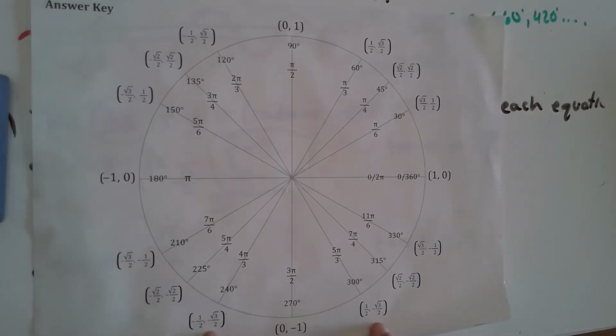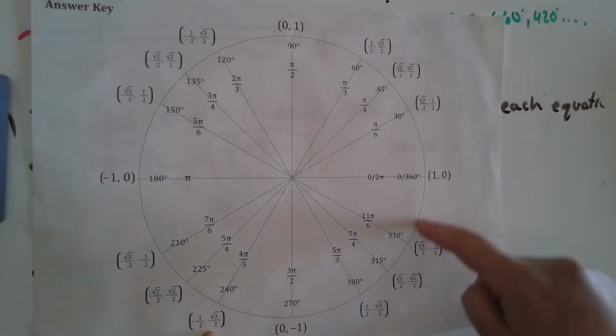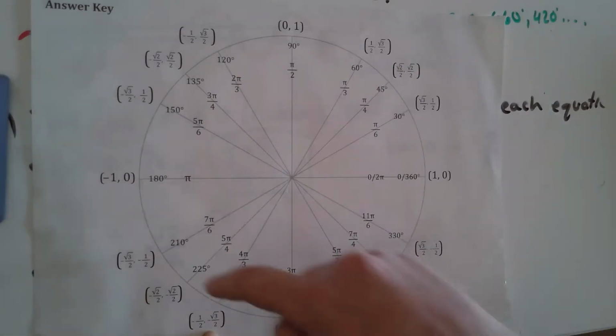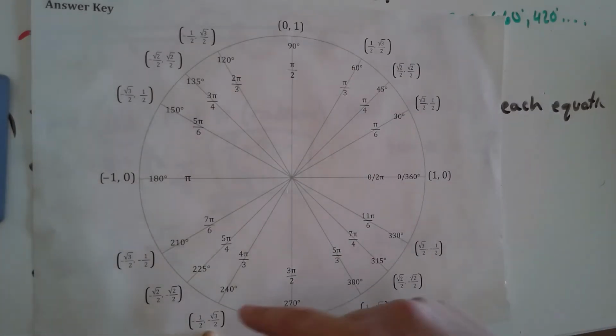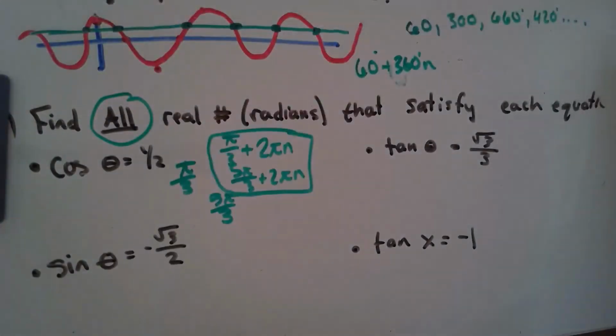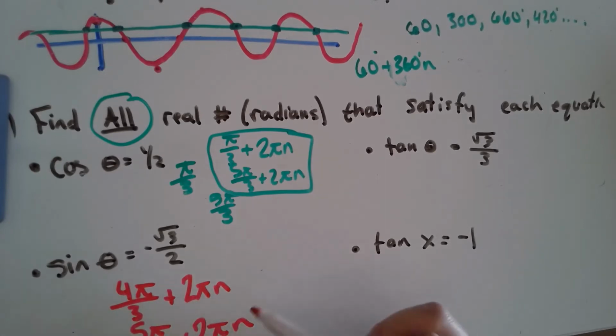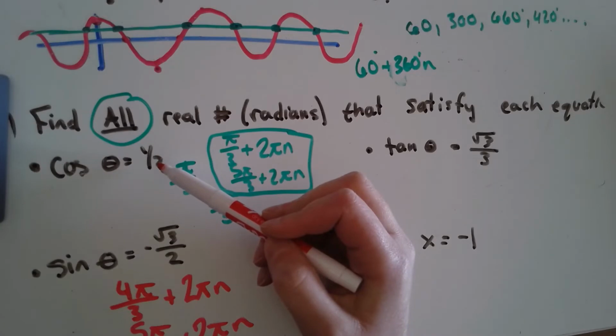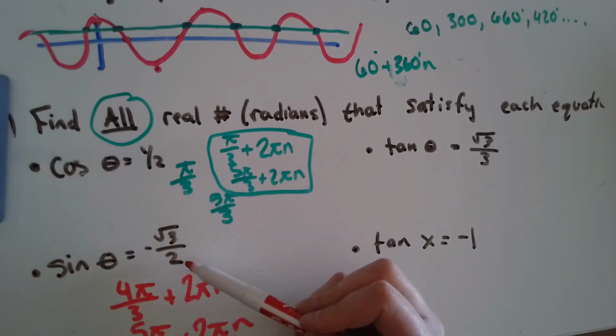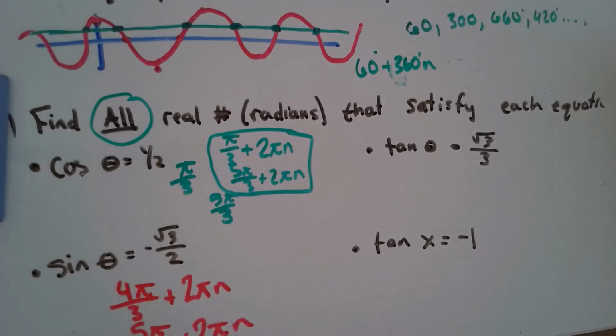To get these coterminal angles, I'm going to have to go all the way around. Same with these. So my answer is going to be 4 pi thirds plus 2 pi n, and 5 pi thirds plus 2 pi n. So this 5 pi thirds is true for both cosine theta is a half and sine theta is negative square root 3 over 2. It's the same position, same angle.